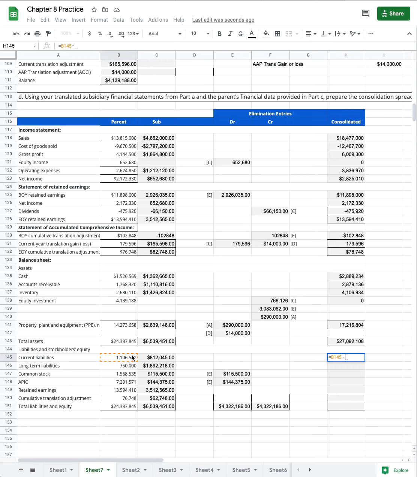And then we'll continue down into the liabilities. Copy this. Then our retained earnings is equal to the parent 13,594,000.